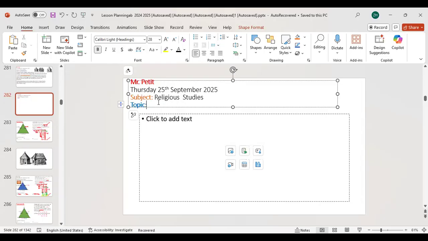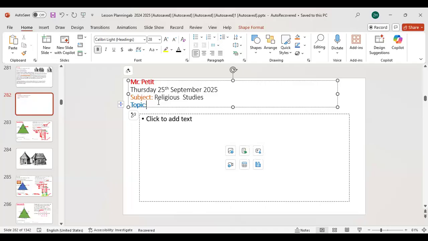Her husband, Zachariah, very good. Where was Zachariah when the angel encountered him? Excuse me, Miss Petit, can I use the restroom, please? Yes, you can, quickly. He was burning incense in the temple. Very good.